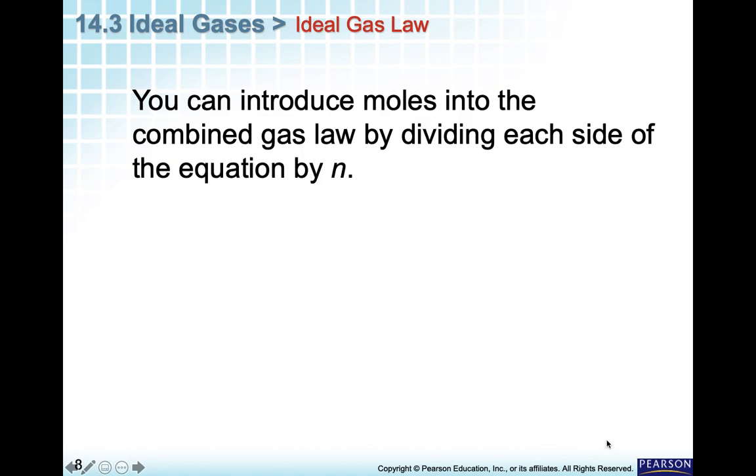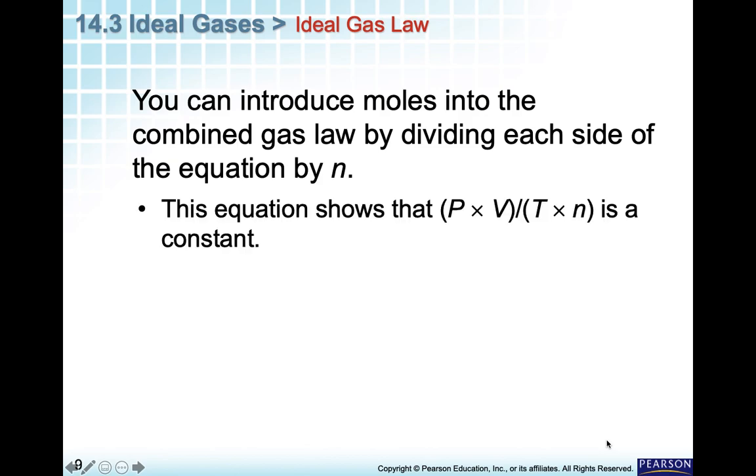You can introduce moles into the combined gas law by dividing each side by the number of moles, since we just said how they're related. And so the equation we would get is P1 times V1 over T1 times N1, and that would be equal to a constant.